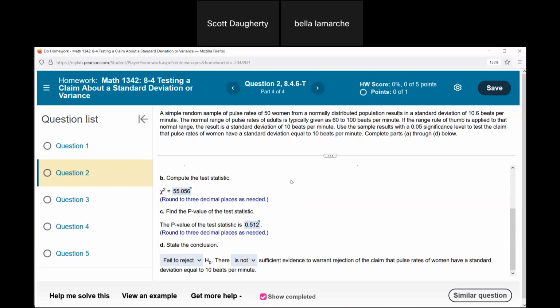Okay, so the 10.6 beats per minute is the standard deviation from the sample of the 50 women that they sampled. And then it says, the normal range of pulse rates of adults is typically between 60 to 100 beats per minute. And it says if the range rule of thumb is applied to that normal range, the result is a standard deviation of 10 beats per minute.